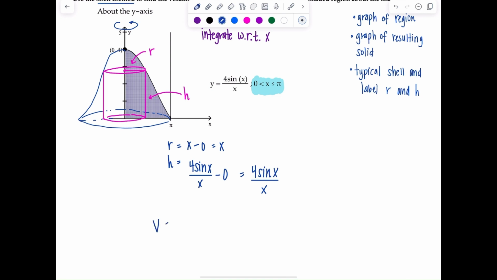Okay, so volume is 2 pi, put the 2 pi outside. Limits are from 0 to pi. And then we have radius, which is x, times height, 4 sine x over x dx. Good? Well, it's our lucky day. These x's cancel.